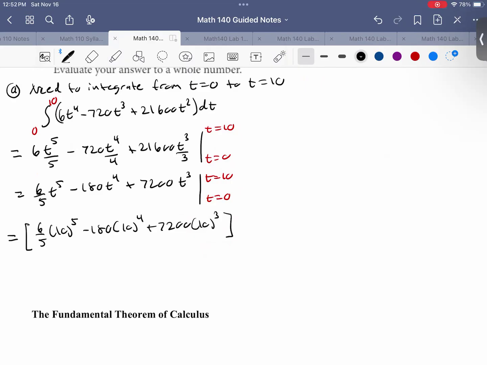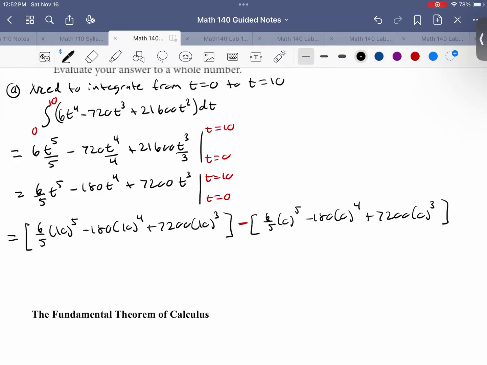Now I also want to plug in 0, the same process, and we subtract these two brackets: 6 fifths times 0 to the fifth, minus 180 times 0 to the fourth, plus 7,200 times 0 cubed.